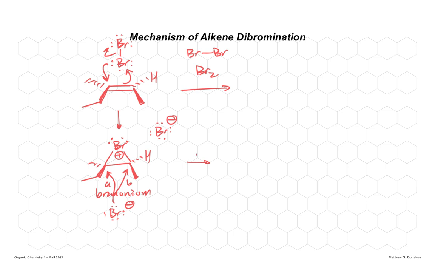So if we say A, and this is what I mean by drawing the anti all at once. So I've opened up that ring now. That shows the anti-addition, and all I have to do is shove in the remaining substituents with their stereochemistry as it already exists.